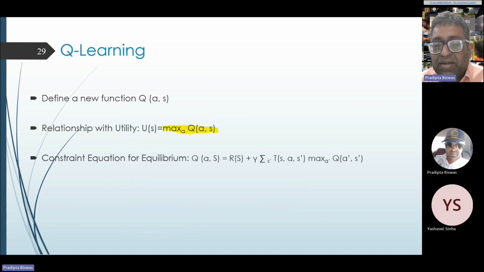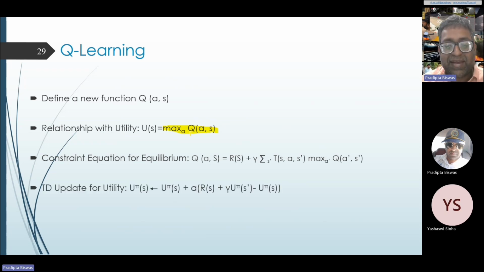Then we set up this constraint equation for equilibrium, showing how we learn the new Q values. And you will find that this is exactly similar to the value iteration algorithm, that at any point I am taking the maximum value, which is maximizing my action, multiplying that with the probability, summing them up, and adding this discount factor.